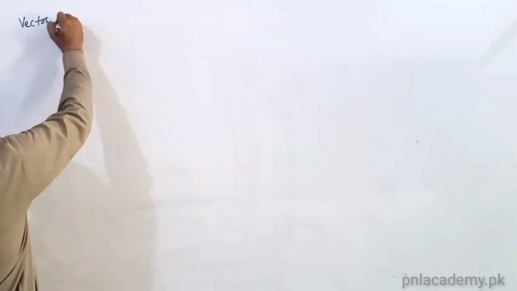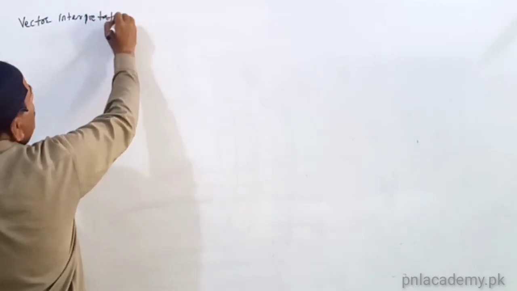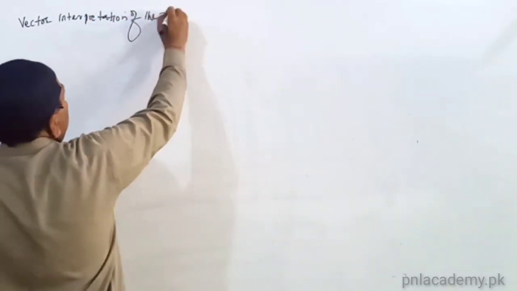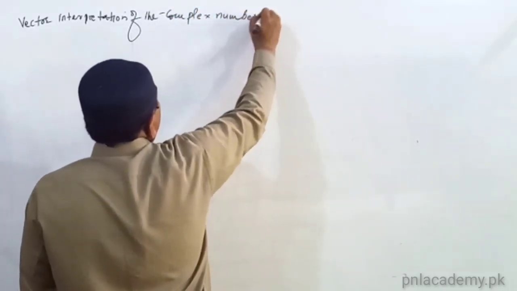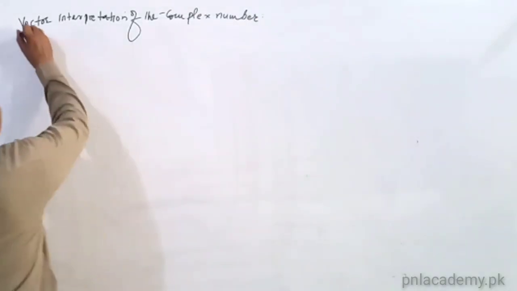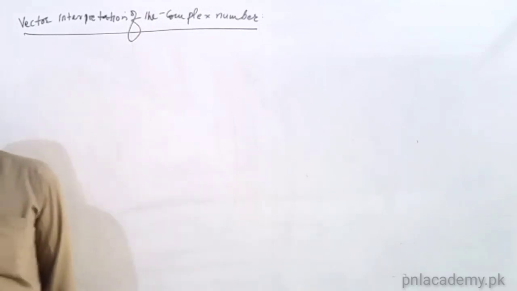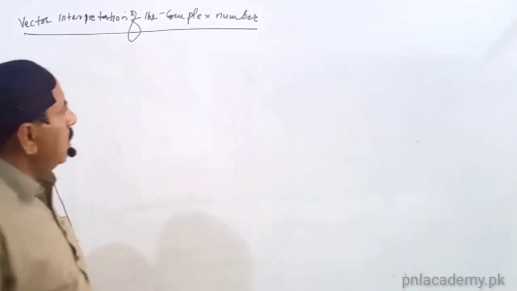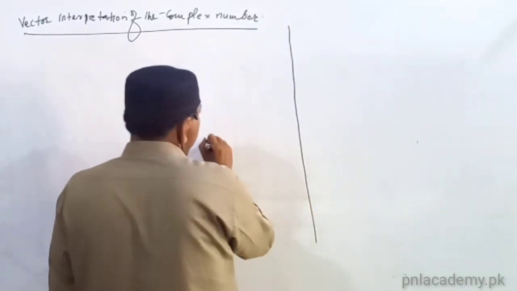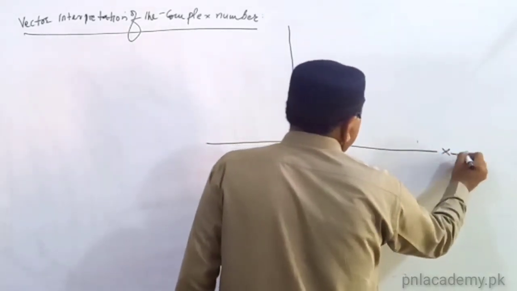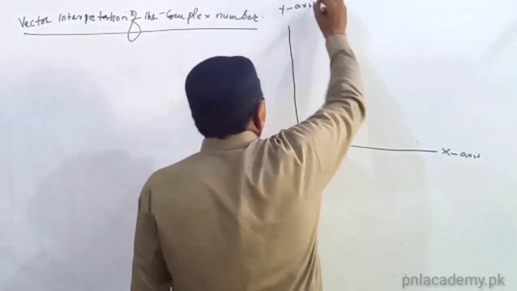Vector interpretation of the complex number. This is the x-axis. This is the y-axis.